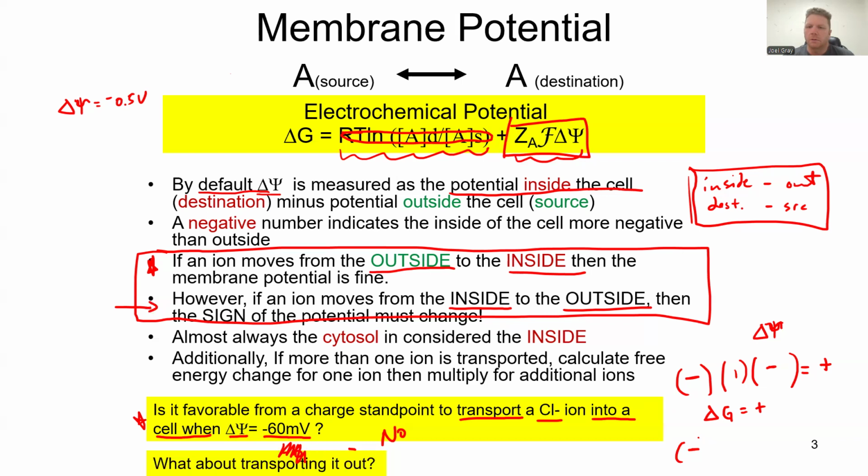Z sub A, so we've got negative times, and I'm just going to drop that placeholder for Faraday's constant. And then my delta psi is positive. So that means I've got negative times positive, which is going to give me a negative value. So that means that the delta G is negative.